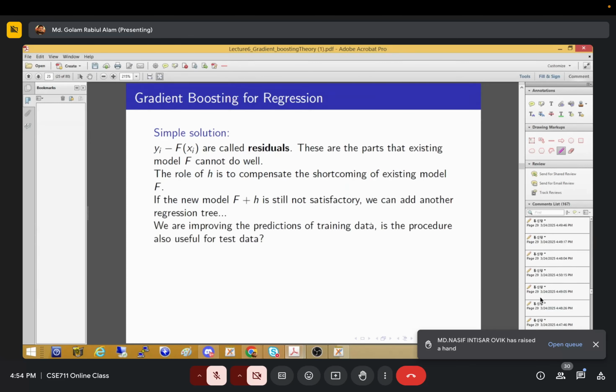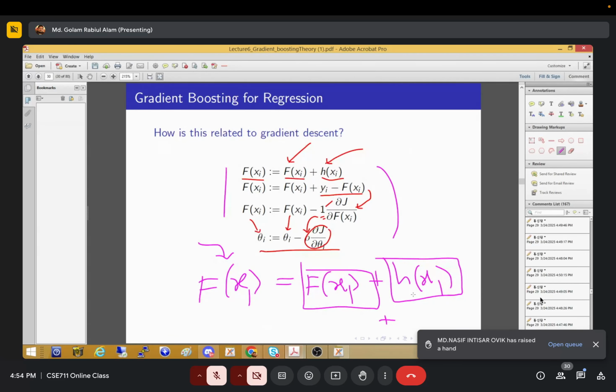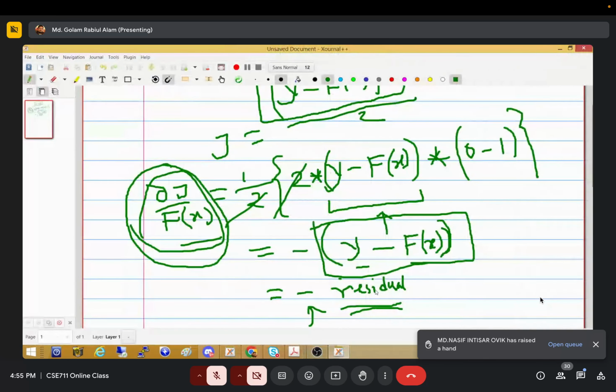So we can write yi minus f of xi instead of this one. And yi minus f of xi, we have already got: this y minus f of x is actually the negative of del J divided by del f of x.